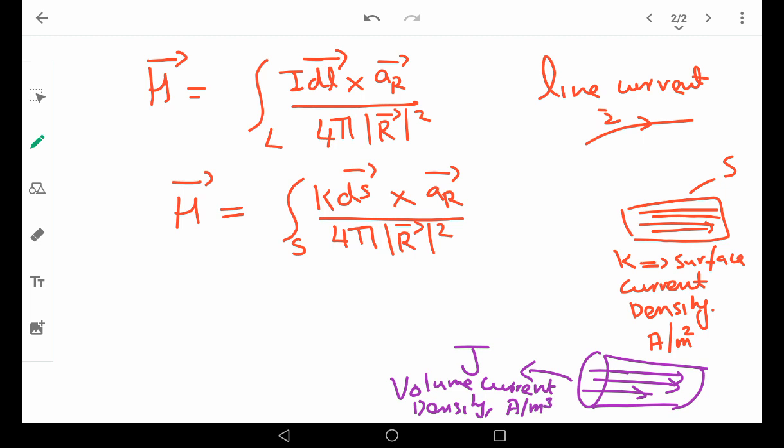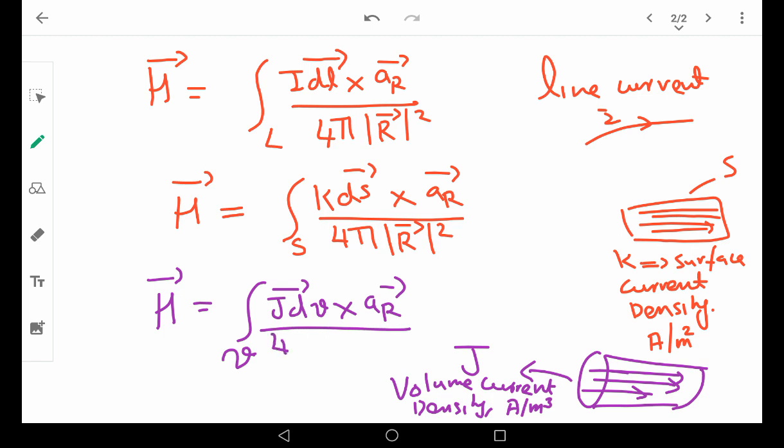In that case, you can have H given as the integral over the volume of J dV cross aR divided by 4 pi R square. That is how you can extend the Biot-Savart's law for the surface current as well as the volume current.